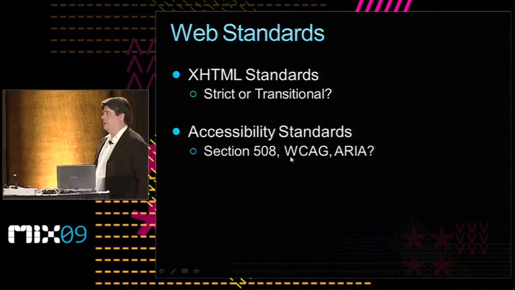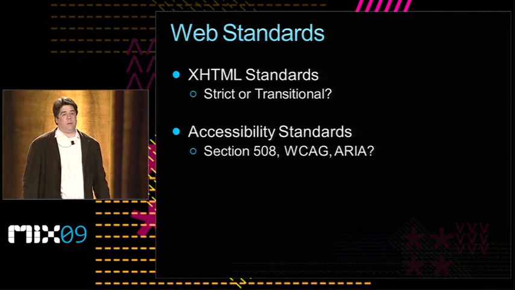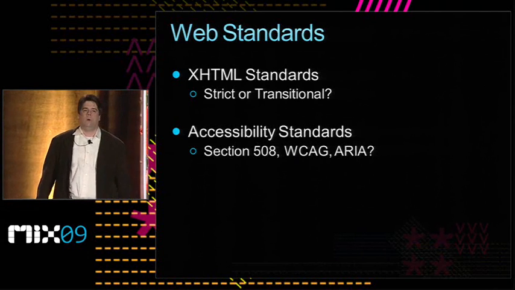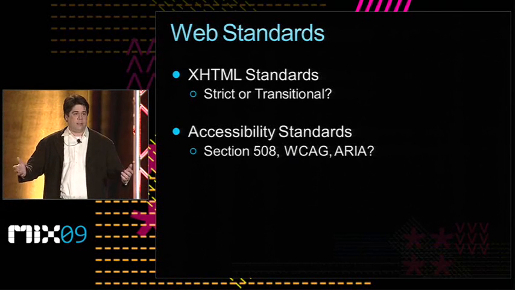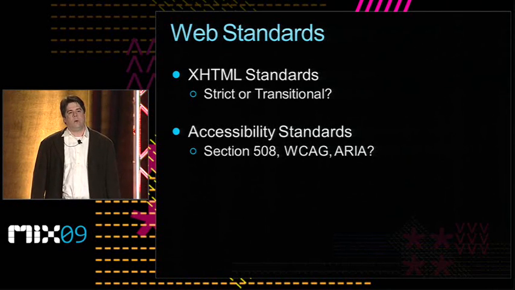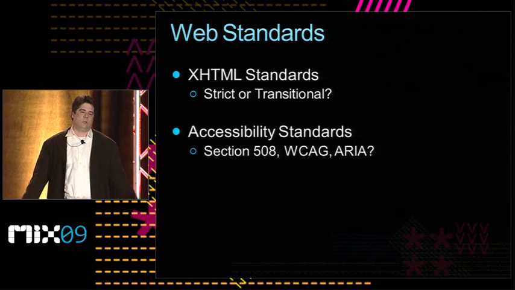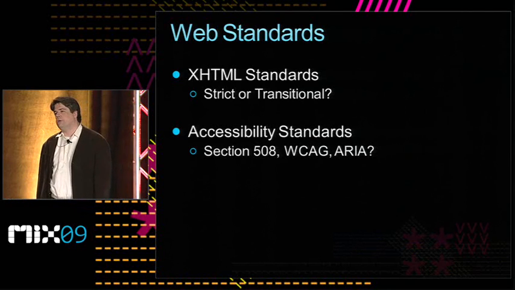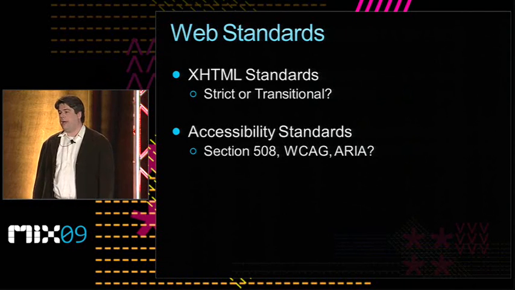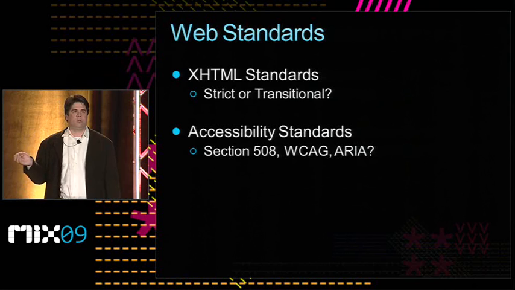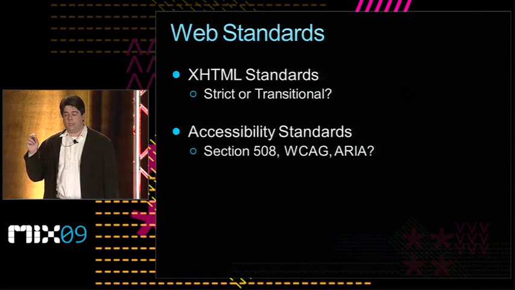Okay, web standards. This is an area where we're actively investigating and actively working. One thing that we're trying to figure out, and I'd like to get some feedback from you on, is the whole issue of XHTML and transitional compliance. Now, I actually wrote the original web standards guidelines for the ASP.NET team all the way back with the ASP.NET 2.0 release. And originally we targeted XHTML strict, but you know that XHTML strict is very strict.